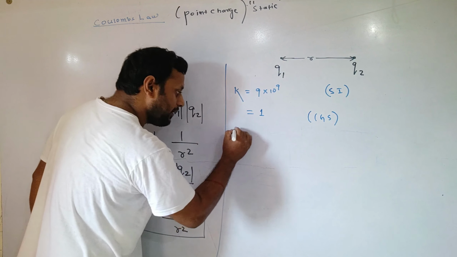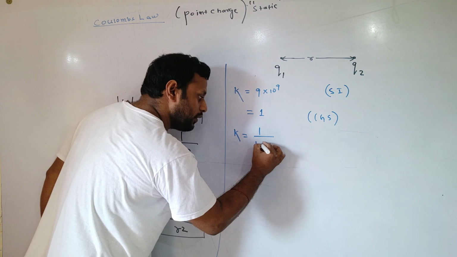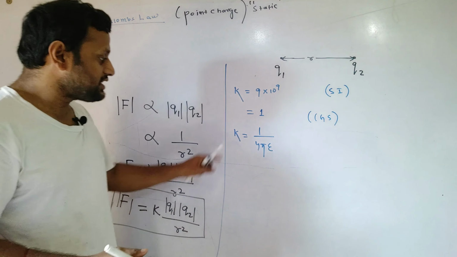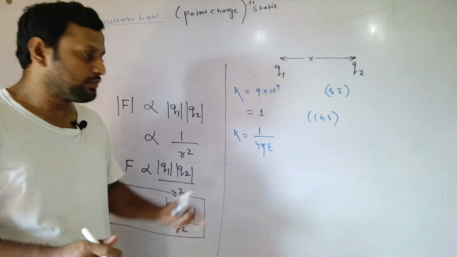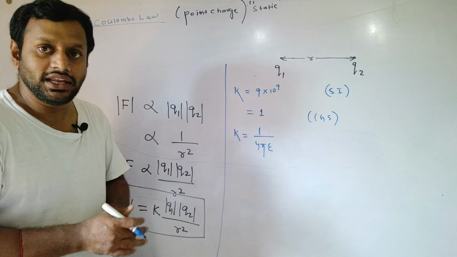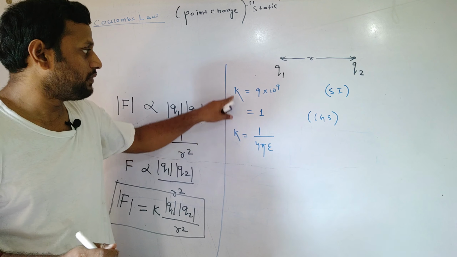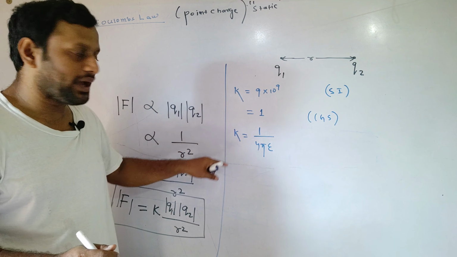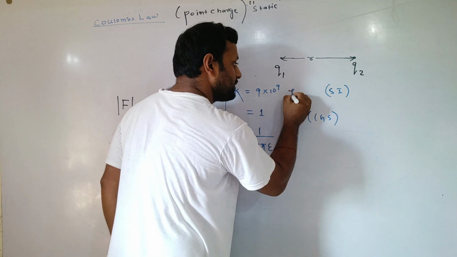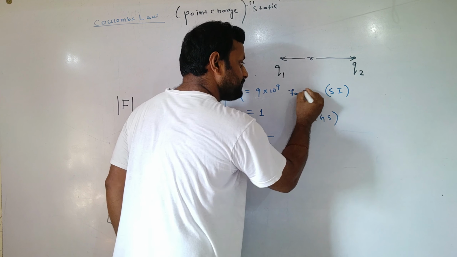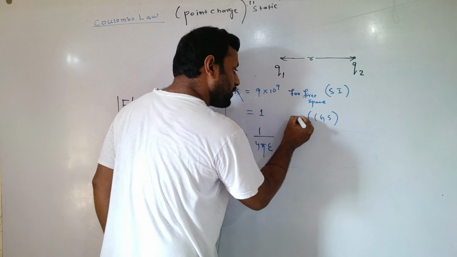Again, this K is basically 1 by 4 pi epsilon, a parameter which depends on the medium. So the value of the Coulomb constant depends on the medium. K is 1 by 4 pi epsilon 0 for free space.